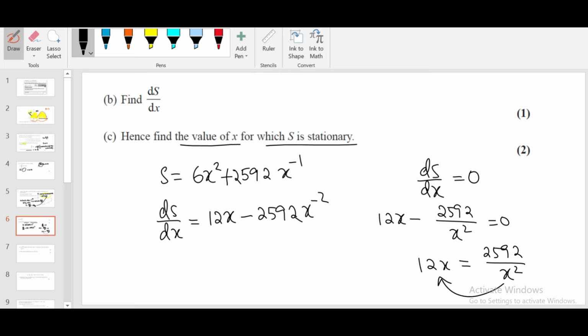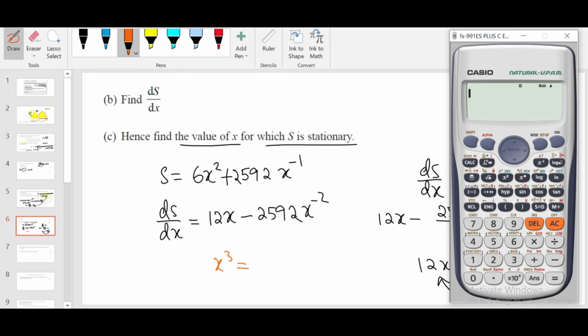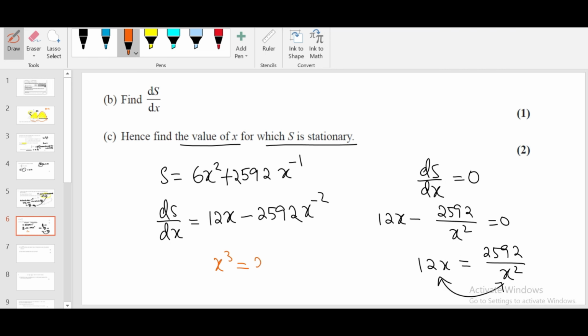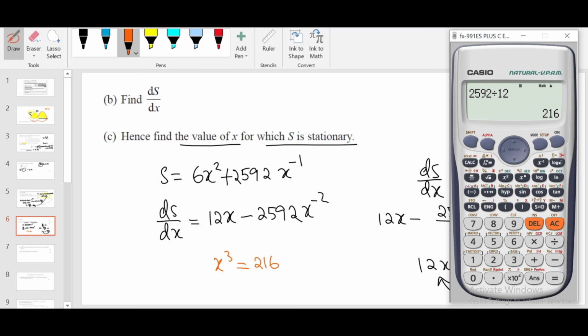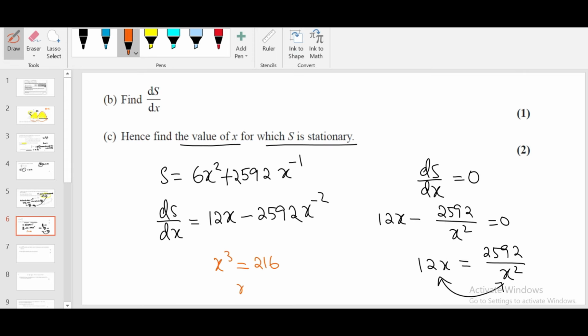Bring the x square here, 12 here. So x square times x, you will get x cube is equal to 2592 over 12. That's 216. So let's find the cube root of 216, which is 6. So x is equal to 6.